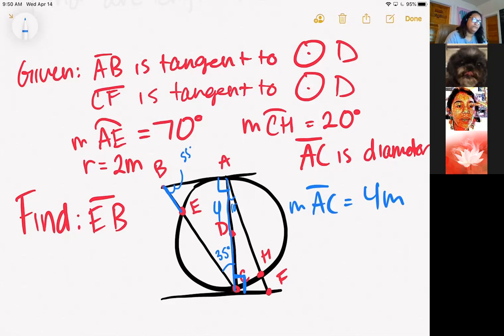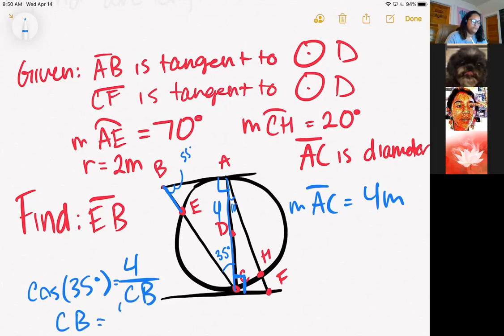So like cosine of 35 degrees is 4 over CB, and then CB is equal to 4 divided by cosine of 35 degrees.